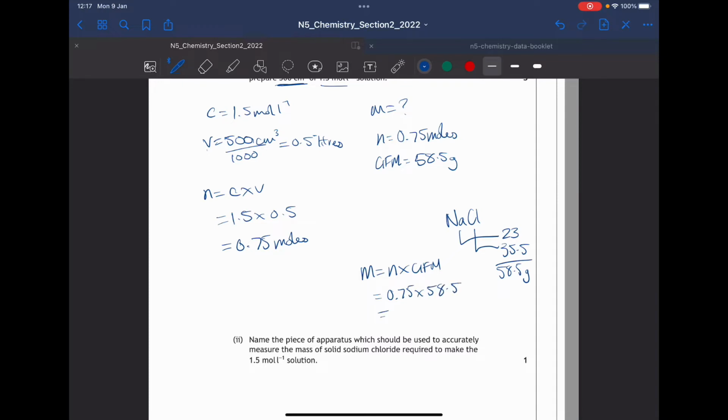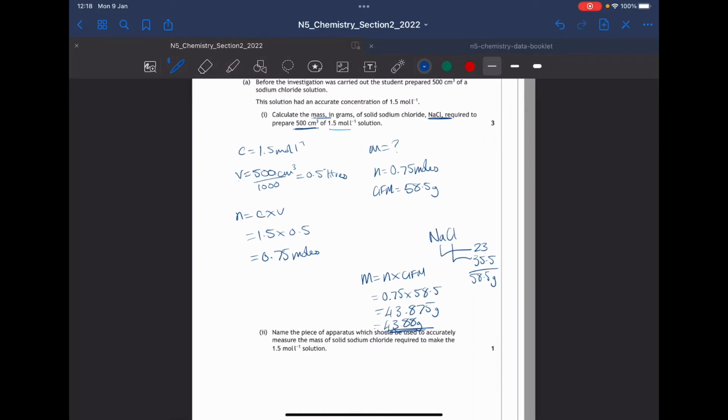And if you put all that in your calculator, you will get 43.875 grams, but you can round it to 43.9 or 43.88. It doesn't matter as long as the rounding is correct. And again, as per my tip before in the previous video, if you watched it, always underline your final answer. It just makes it easier for the marker to find it.